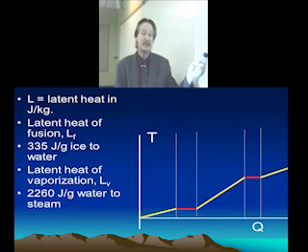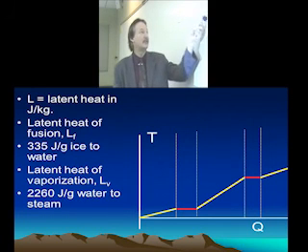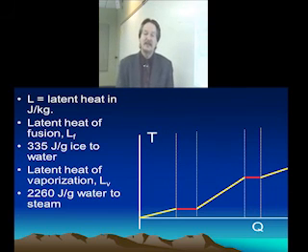Notice there's quite a bit more energy needed to convert the liquid to vapor than there was to convert the solid to liquid. For that reason, the steam actually holds much more energy than the liquid. In other words, you know that steam is at 100 degrees or higher, and certainly that would be a painful temperature at 212 or higher Fahrenheit.